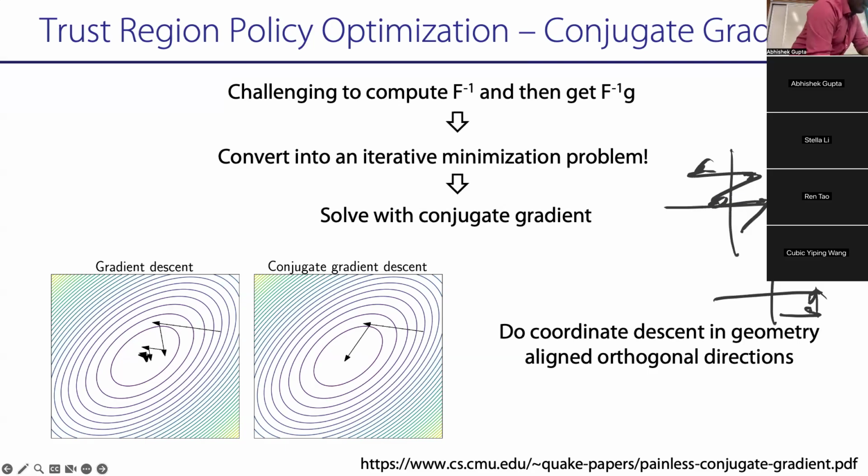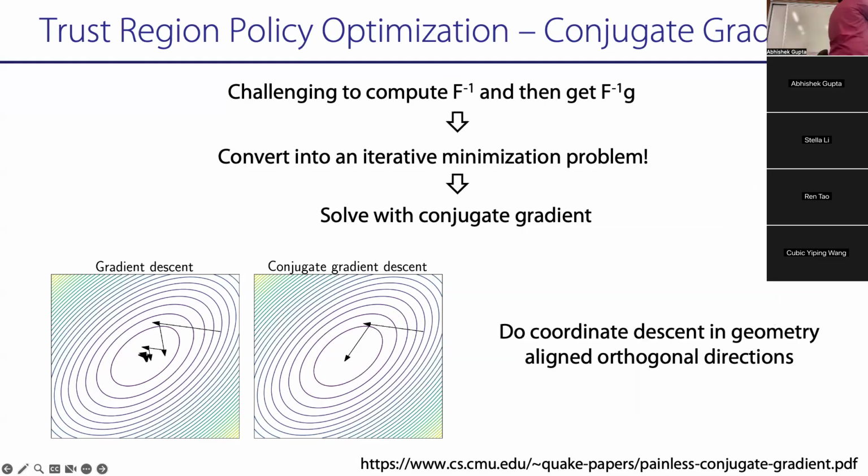Whereas conjugate gradient says, let me take this step, and my next step will be orthogonal to the previous step, and the next step will be orthogonal to the previous step, right? Then the number of steps is approximately the number of dimensions of your space, whereas in gradient descent, it's much larger.